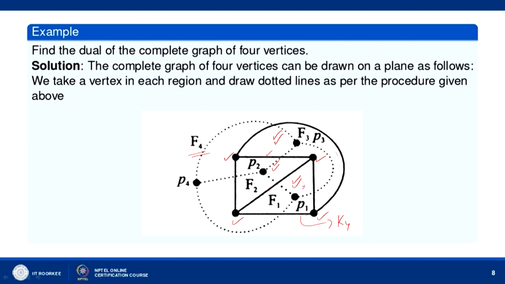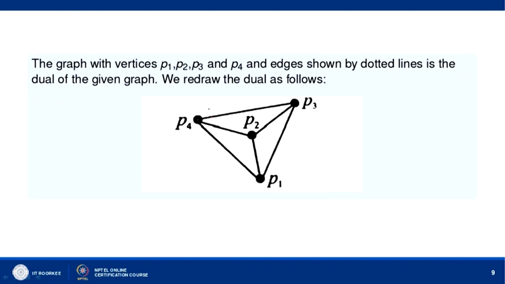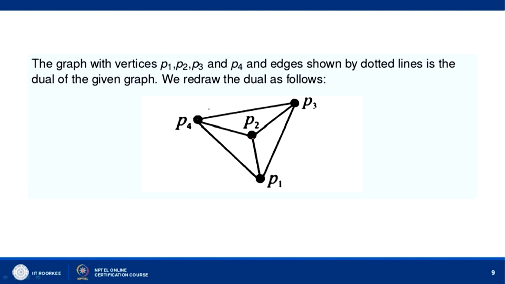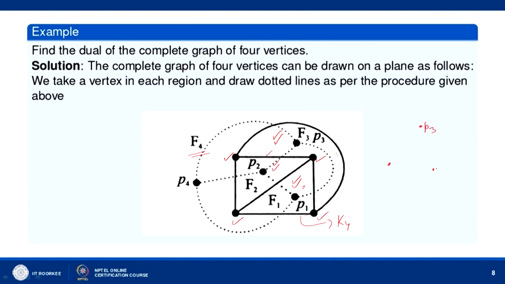We can read this graph as follows. This is the dual graph. You see P3, P2, P4, P1. P4 is this one. So, we have P4 here and then we have P3, P2, P1. So, this is P1 and P2 we have here.